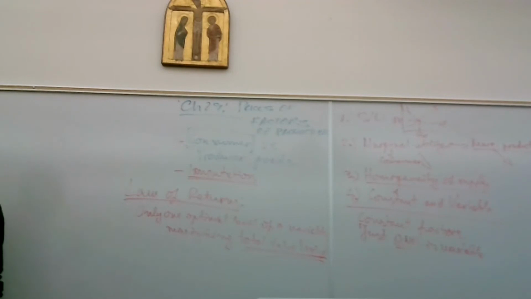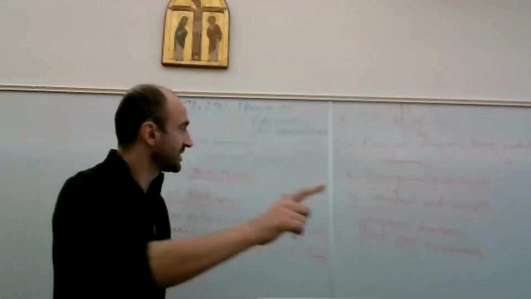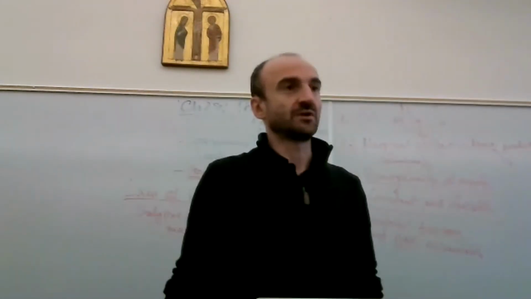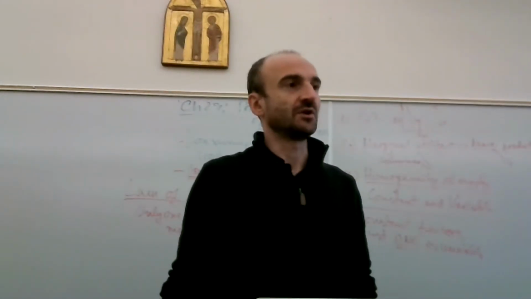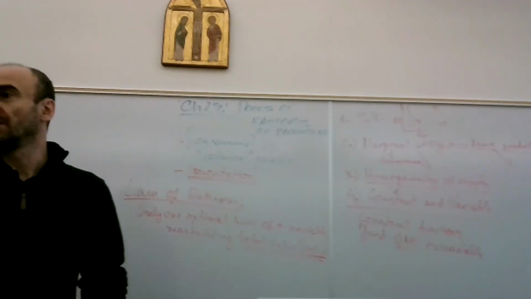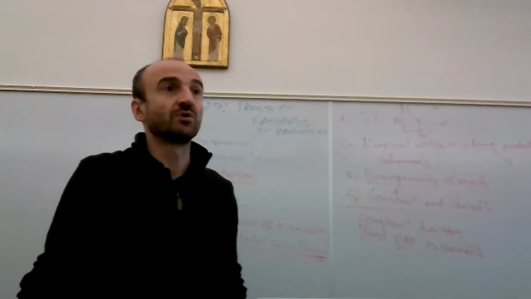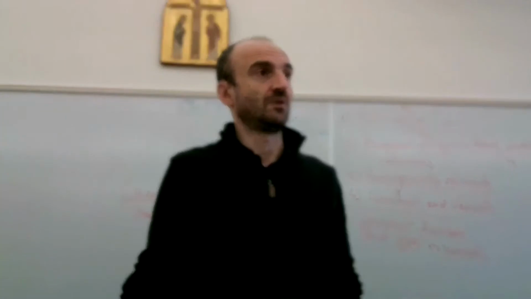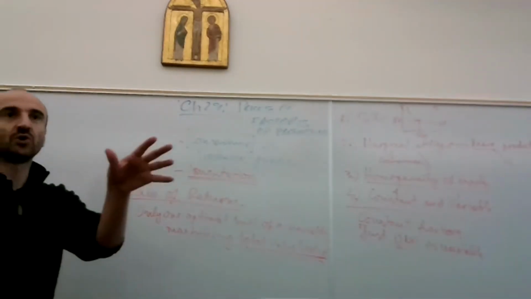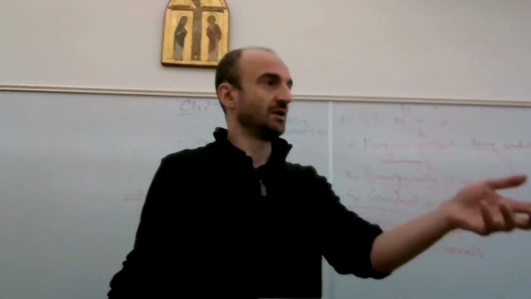For any combination of one variable factor and multiple fixed or constant factors, there is only one optimal level of a variable factor, one definite level, that will maximize the total value product. Total value product is simply total revenue. Physical product is the number of units that you sell.